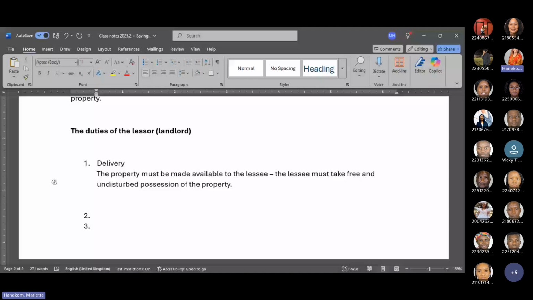What condition must it be in when it's made available? It must be in a proper state of repair, and reasonably fit for the purpose for which it is rented.